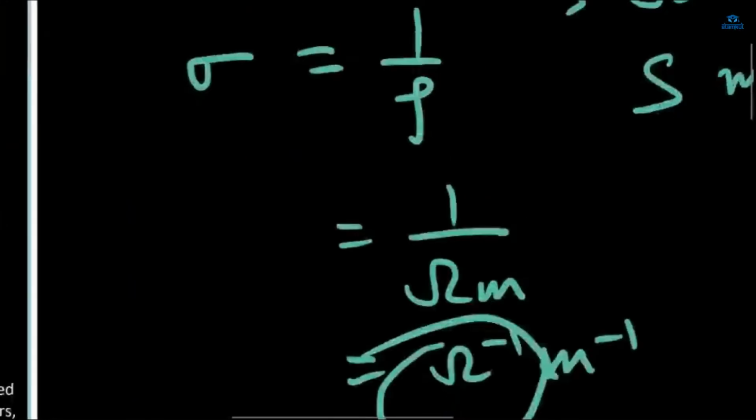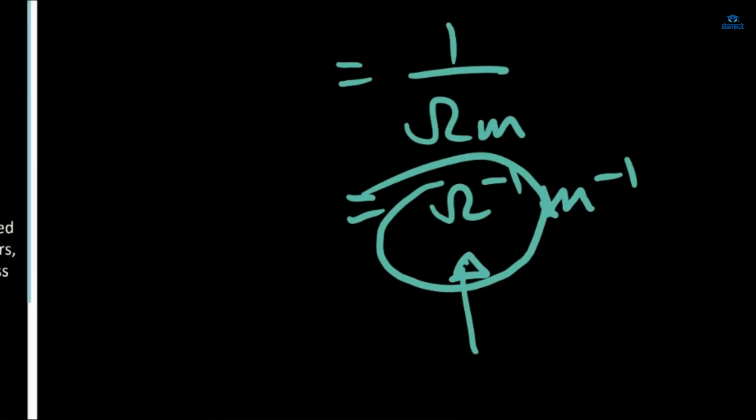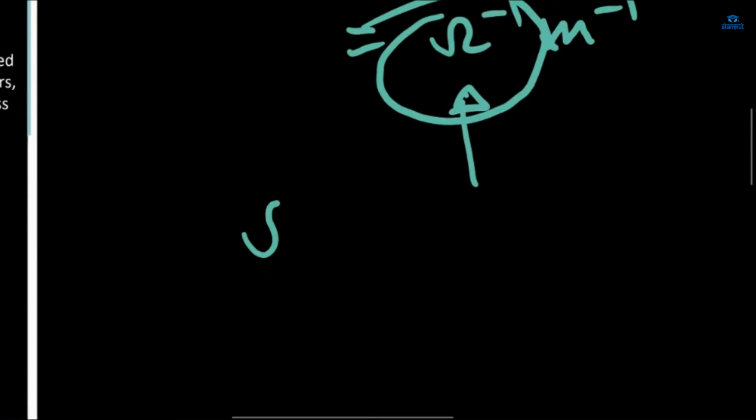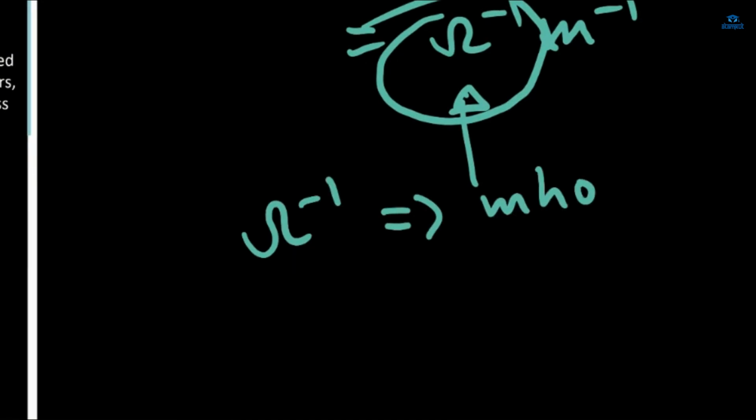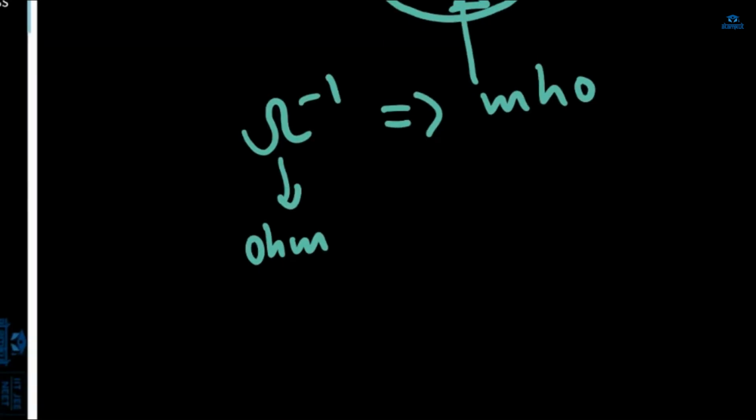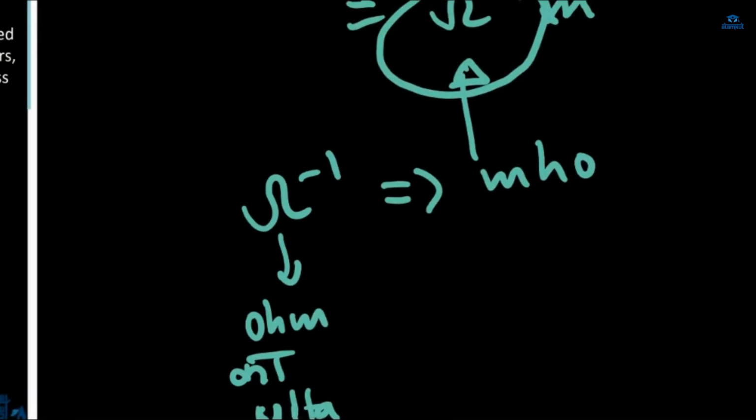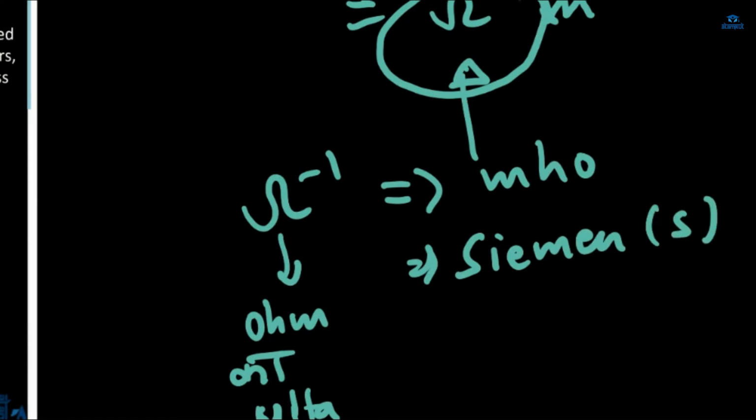And per ohm we say mho. Mho is ohm written in reverse, just flip it: ohm, mho. Also for this we write Siemens, which is represented by S. Mho is represented as per ohm. Understood?